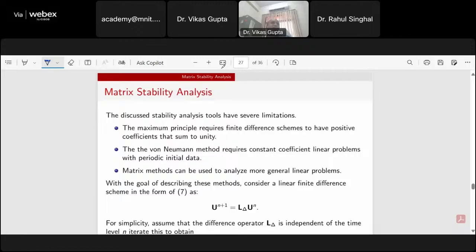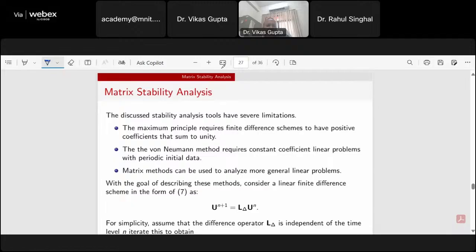If you are constructing a finite difference scheme for a problem with variable coefficients and want to apply von Neumann stability analysis, you have to assume that those variable coefficients are bounded by some positive constant, and analyze your finite difference scheme correspondingly. So von Neumann stability analysis requires constant coefficient linear problems with periodic initial data.